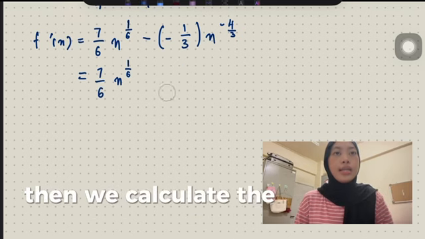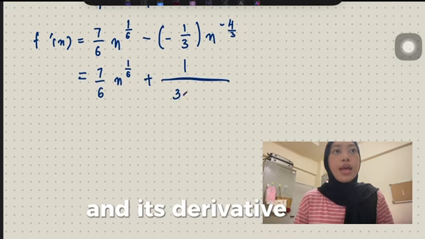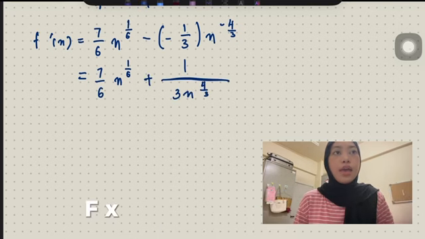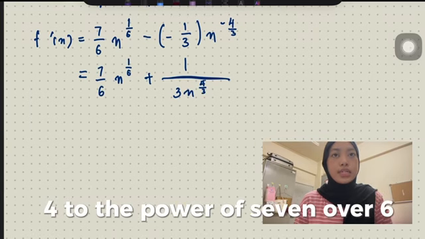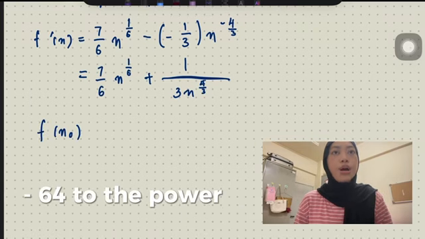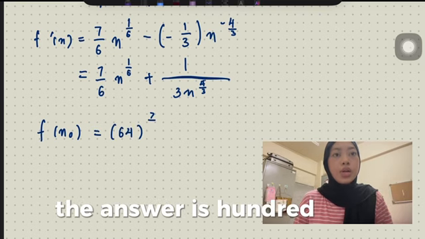Then we calculate the exact value of the function and its derivative at 64. f(x naught) equals 64 to the power of 7 over 6 minus 64 to the power of negative 1 over 3. The answer is 127.75.